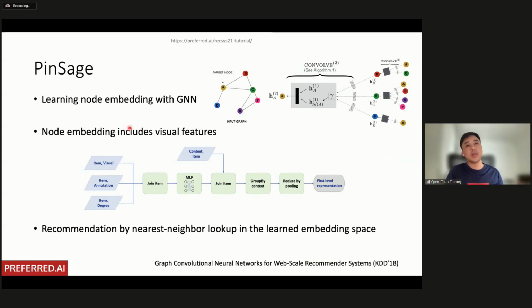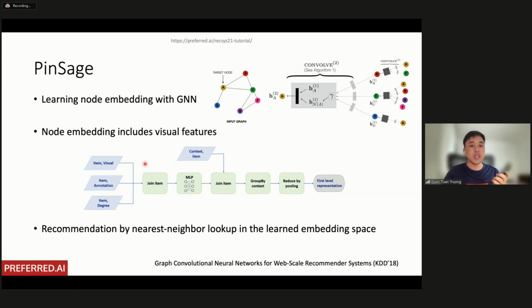This one I didn't show in the table, but I just want to introduce the idea of this paper from Pinterest, about PinSage. The objective of this paper is to learn node embeddings. In this case for Pinterest, a node would be an image, or a pin in Pinterest, but the direct application here is recommendation, because standard recommendation is done after we learn the node embeddings, by label lookup in the learned embedding space.